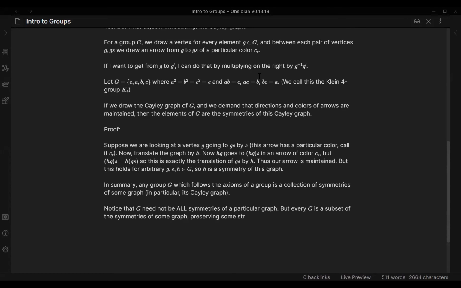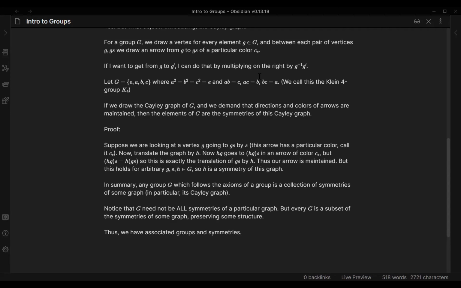Preserving some structure. Thus, we have associated groups and symmetries. It's an inextricable association between groups and symmetries.